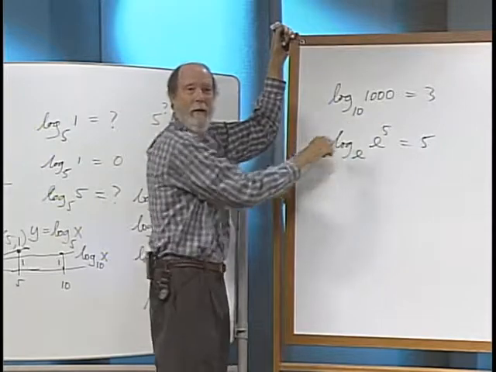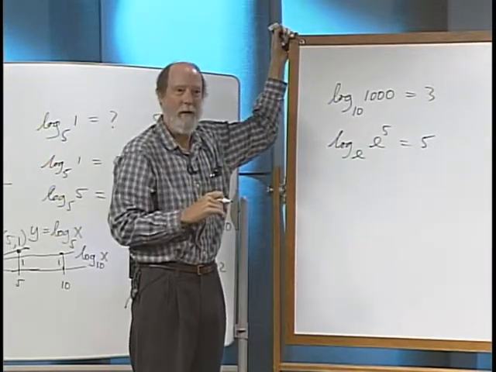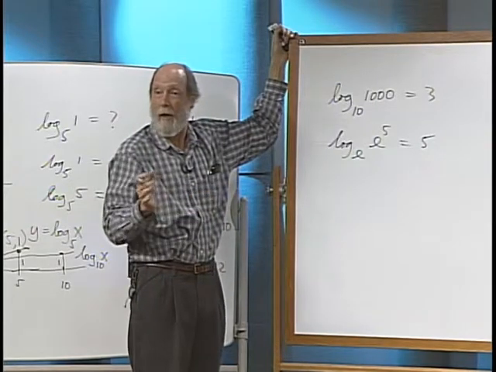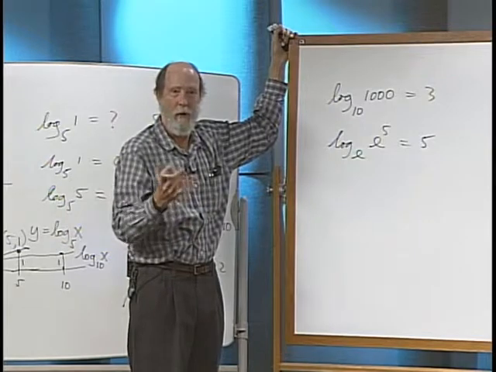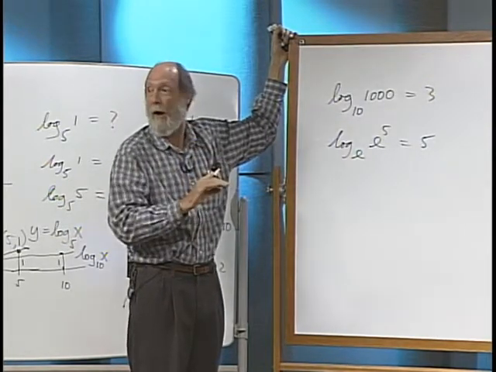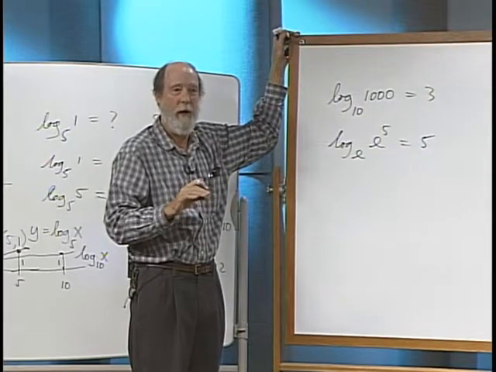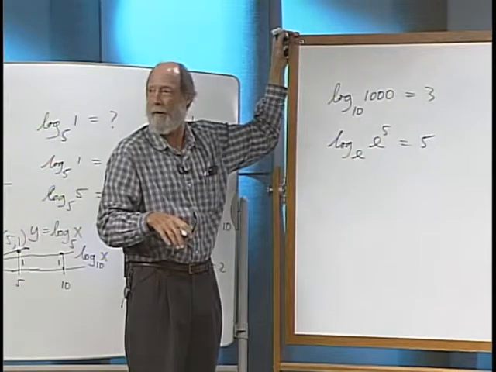The Richter scale for earthquake intensities is a logarithmic scale. The hearing decibel ratings are logarithmic scales. Go to a really loud rock concert and the sound is up around 120 decibels.